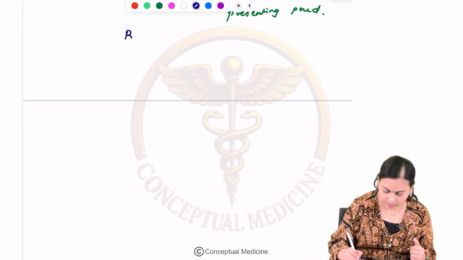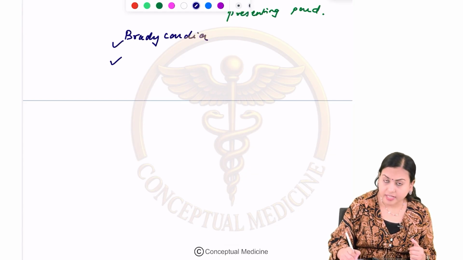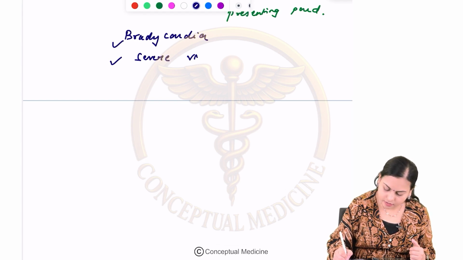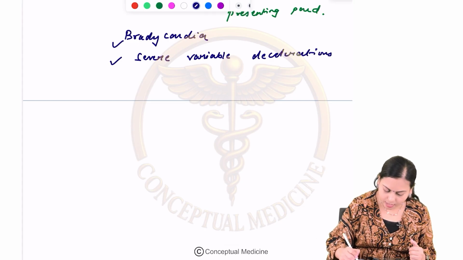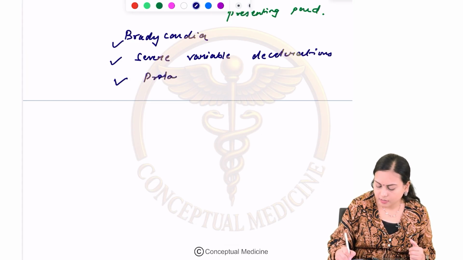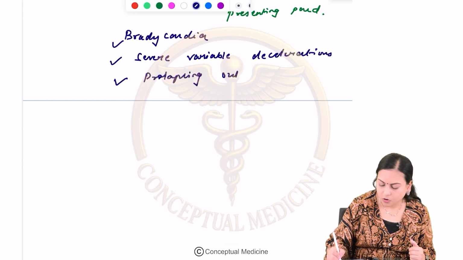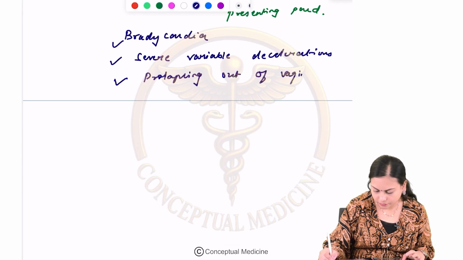First, there will be bradycardia, or there can be even chances of severe variable decelerations as well. Okay. And sometimes the cord may be seen prolapsing out of the vagina itself.